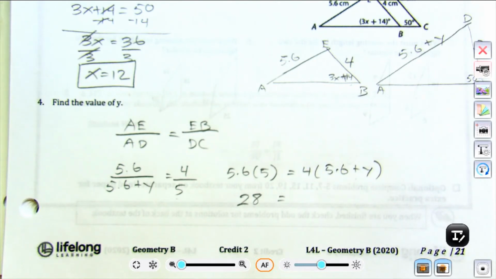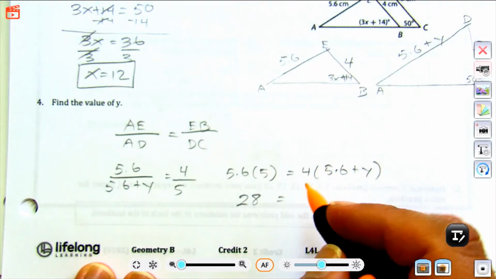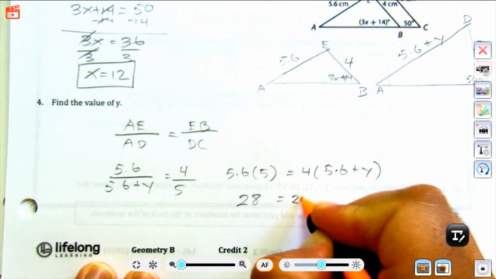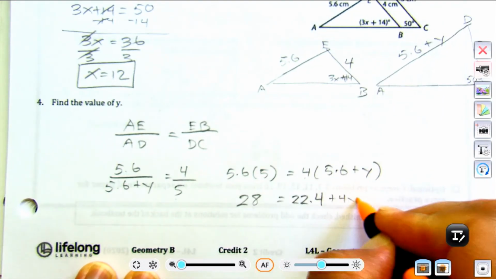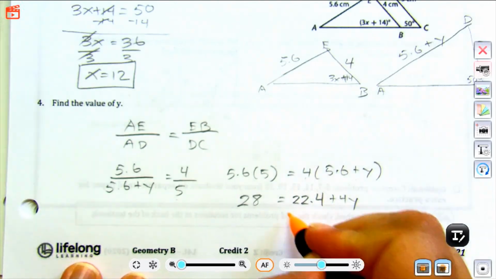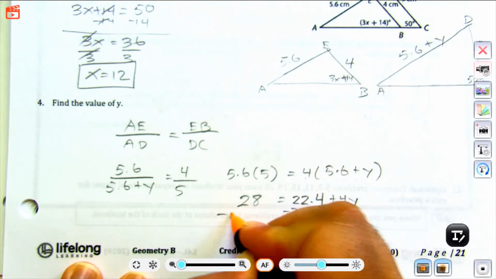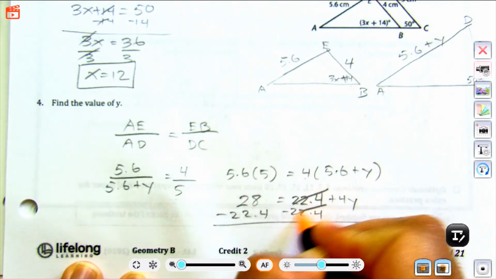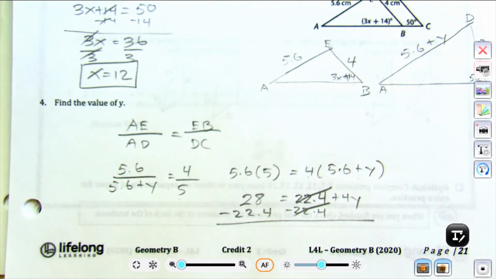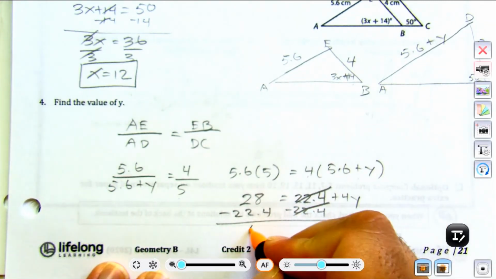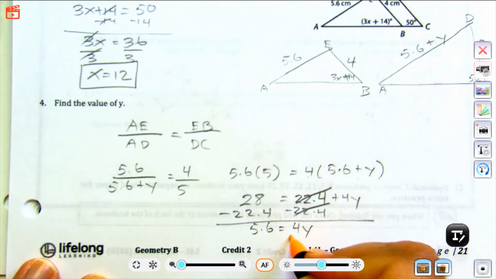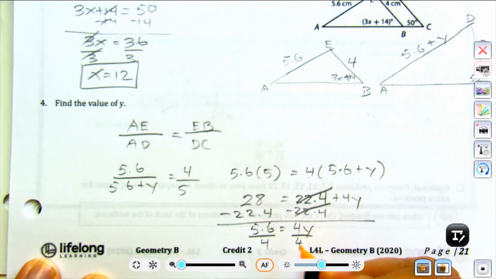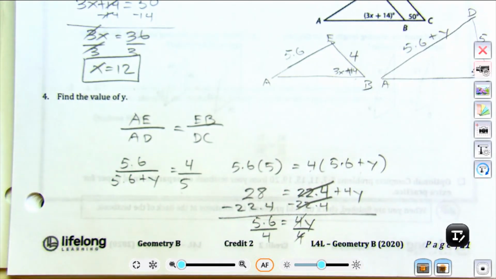So 4 times 5.6 is 22.4. And then 4 times y is 4y. Subtract 22.4 from both sides. So 28 minus 22.4, I get 5.6 equals 4y. And then divide both sides by 4. And I get y is equal to 1.4.